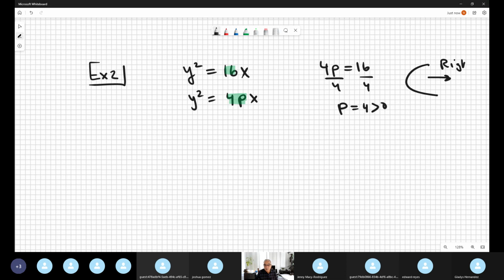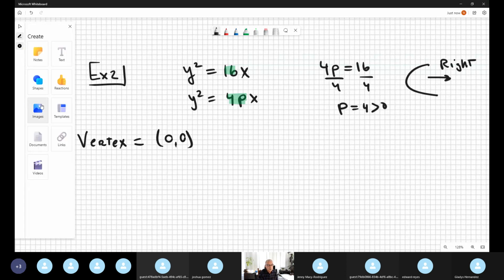Open to the right. One more time, get the vertex. Be familiar, guys, with the terminology, not center, vertex. It's located at 0, 0 because I don't see any shift. And p is 4. So now I'm going to find, let me try to do by hand first.